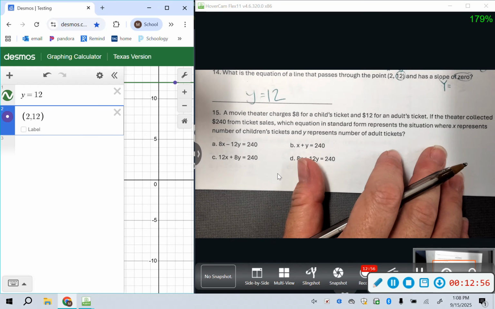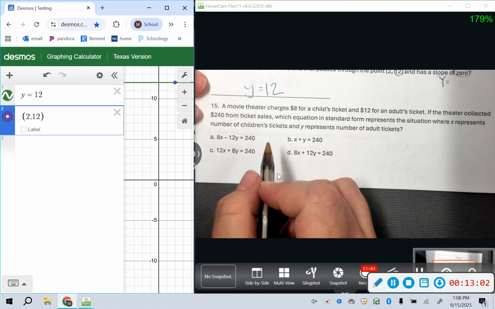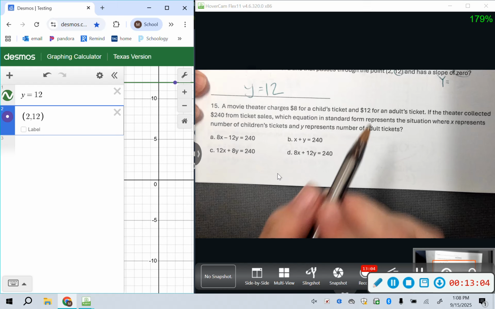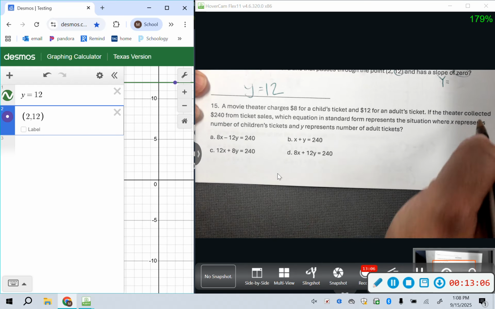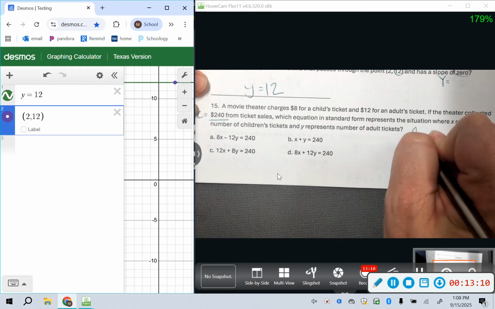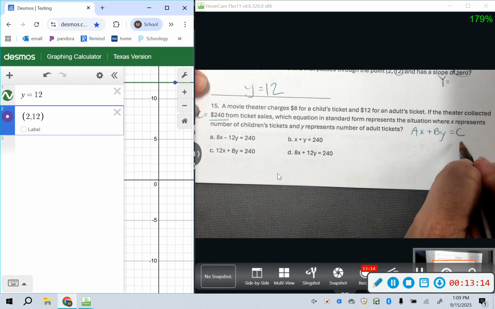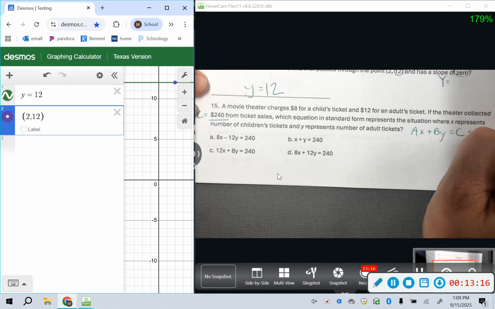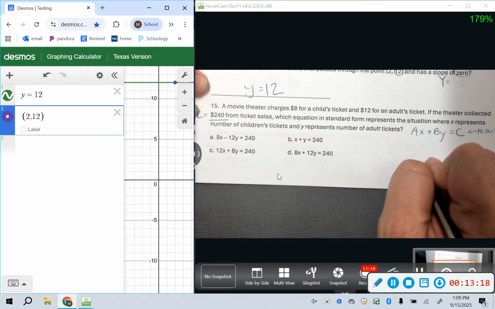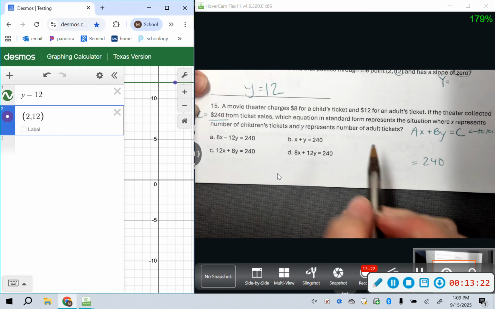Okay, looking at 15, it says a movie theater charges $8 for child's tickets and $12 for adult tickets. If the theater collected $240, remember our C is our cost. We're doing this in standard form. If you look at your answers, they're all standard form. And C is always our total. So I know my total is 240, which they all have, so that doesn't narrow it down for me.